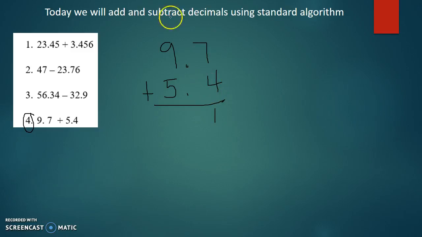I put my 1, regroup my 1. 9 plus 1 is 10. 10 plus 5 is 15. Now I'm going to bring my decimal point down. So 9 and 7 tenths plus 5 and 4 tenths is 15 and 1 tenth.